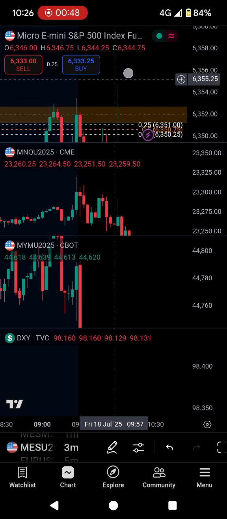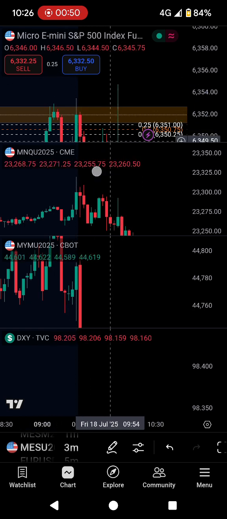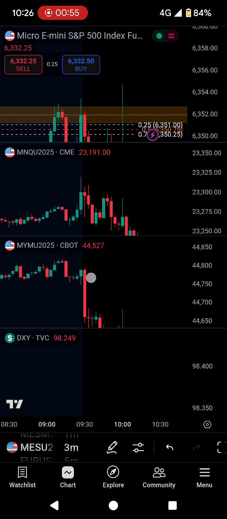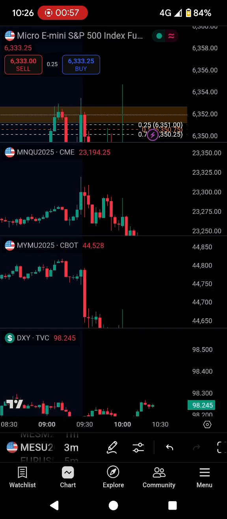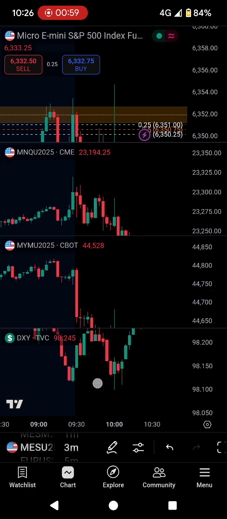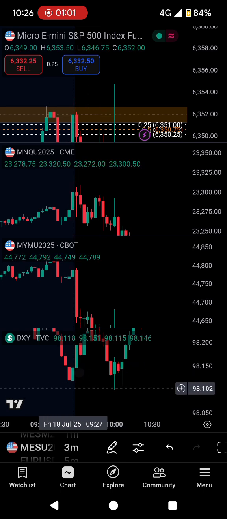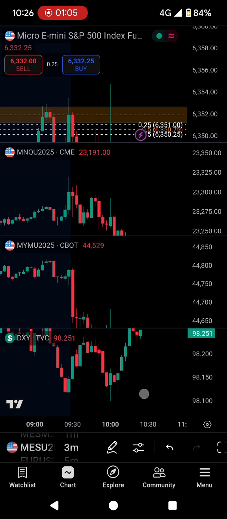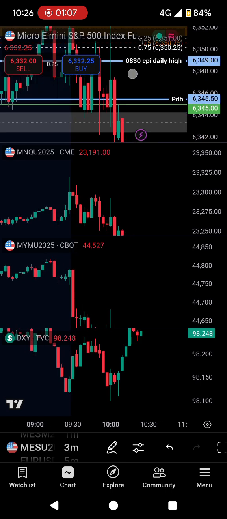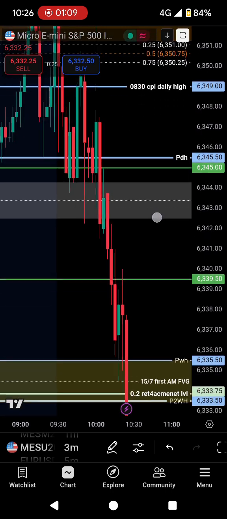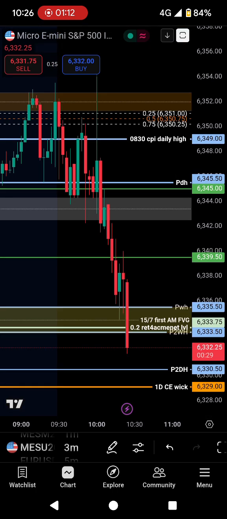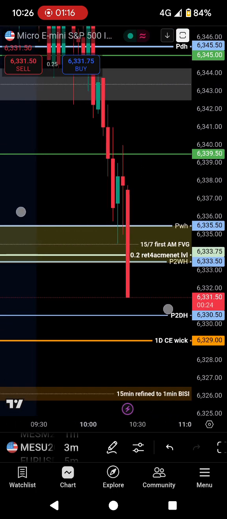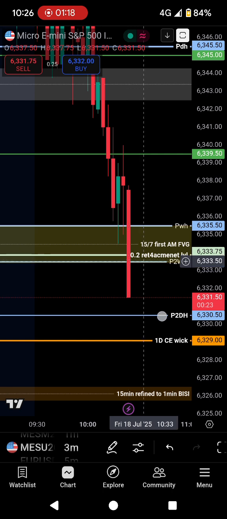S&P formed a higher high when Nasdaq formed a lower high, and Dow also formed a lower high, with dollar forming a lower low and rejected above, so in symmetry to the downside. And 6329 was the 0.2 level, the 0.2 retracement level, and you can see we reached it already.